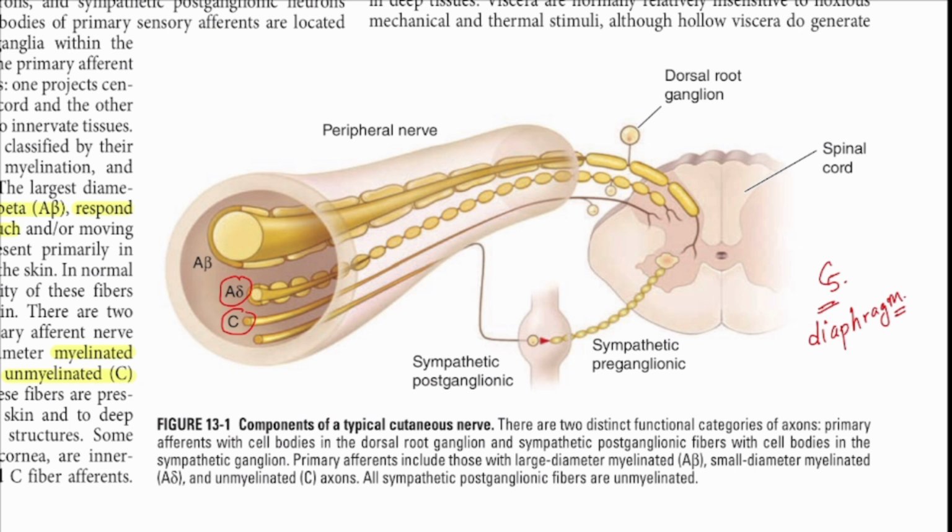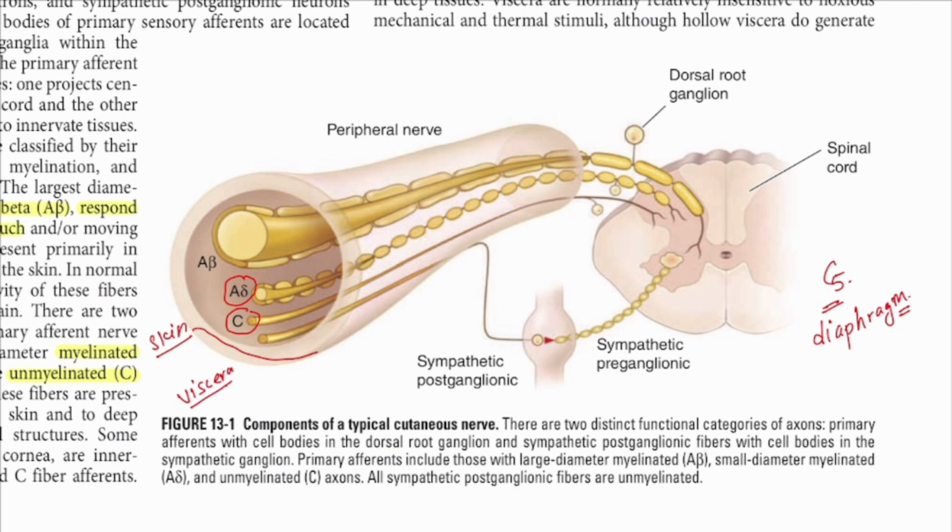These fibers will carry the stimulus from the skin as well as from the viscera, right? And they will project onto the same spinal cord segment. This is the spinal segment C5, and here is the second order neuron.